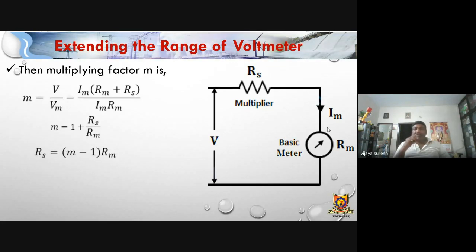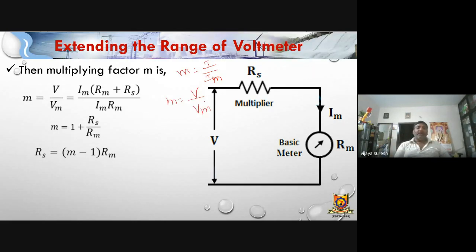So m equal to V by Vm. Earlier we went through m equal to I by Im in the case of ammeter shunts. Now here m equal to V by Vm. How are we calculating V by Vm?